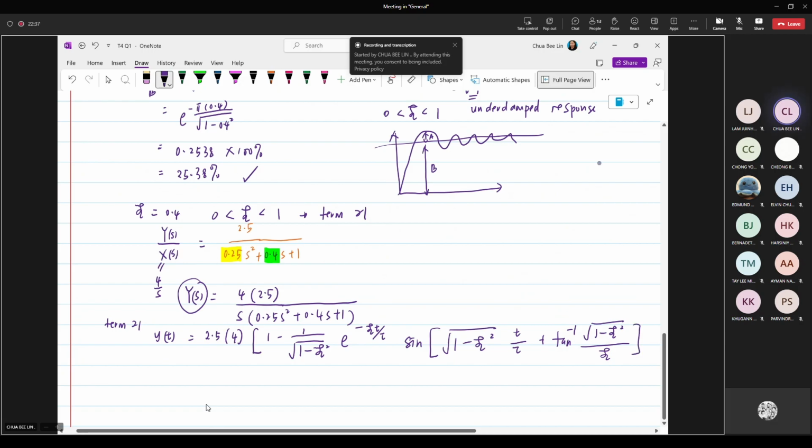Okay, and this is a big bracket. So this is exactly the term 21.